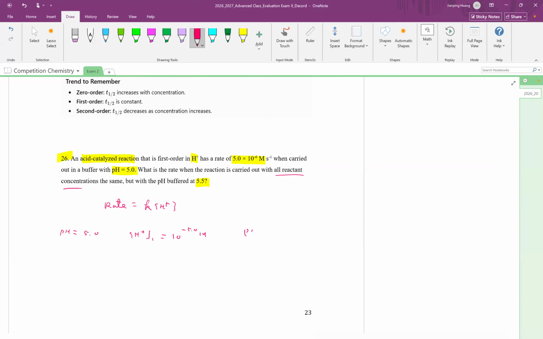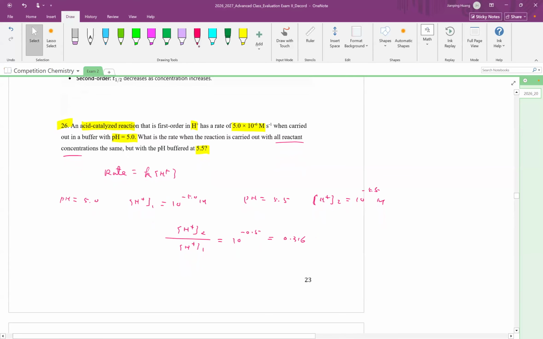When pH is 5.5, it's 10 to the minus 5.5 M. Now, if I take the ratio of 2 to 1, do the math, and that should be 10 to the minus 0.5. You should get what? 0.316.